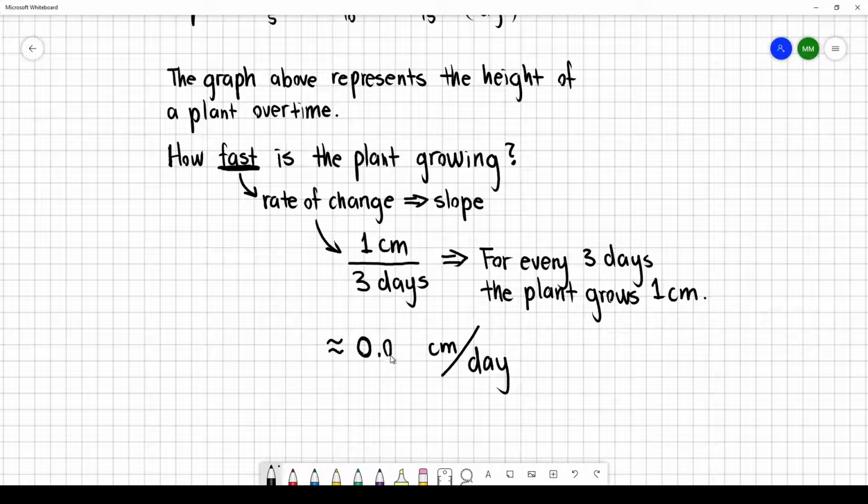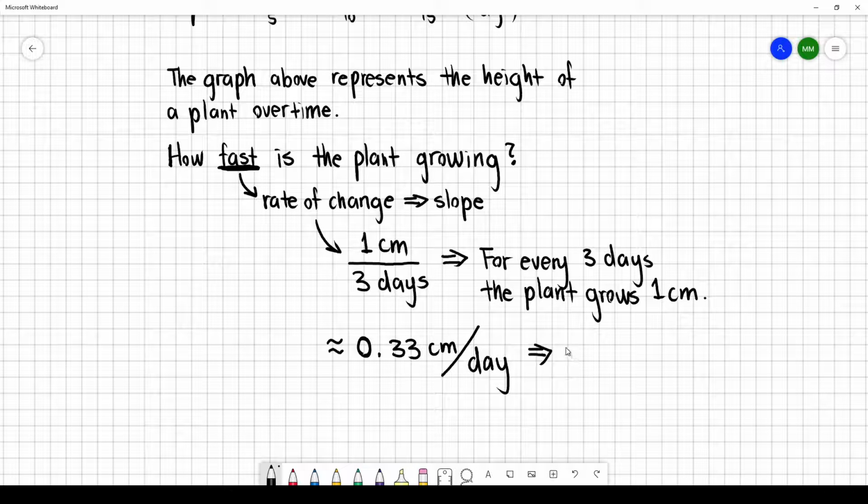So if you multiply this number by 3, you get approximately 0.99 centimeter for every 3 days. So this is matching up with 1 centimeter for every 3 days.